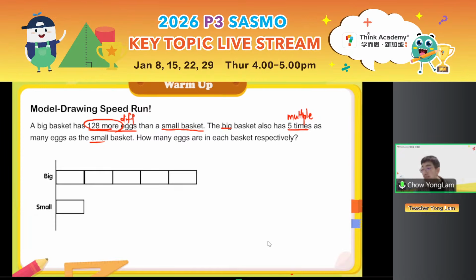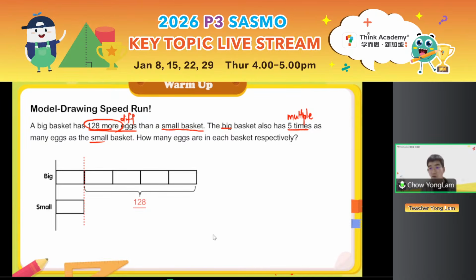After you label the multiple relationship, we now need to find out the difference. 128 more eggs. So where is the more part? Remember, for the difference, you draw a dotted line first. Separate the part where it's the same versus the part that appears in only 1 bar. So these 4 units is my difference, and I know it is 128.